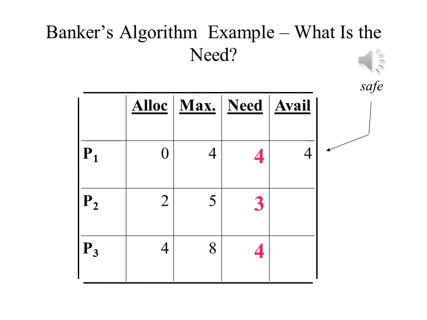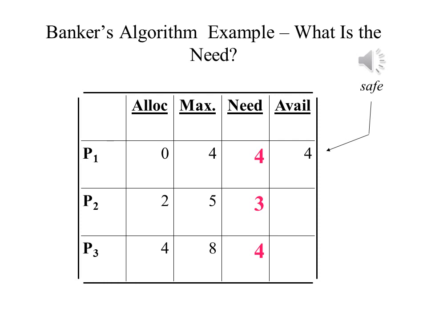For process P1, it is 4 because a maximum of 4 minus an allocation of 0 yields 4. For process P2, it is 5 minus 2, yielding a need of 3. For process P3, it is 8 minus 4, yielding a need of 4.